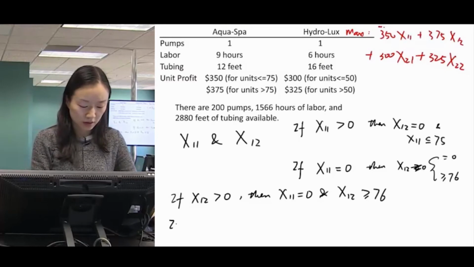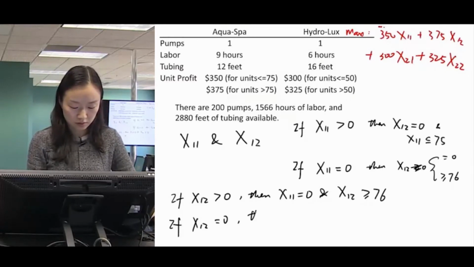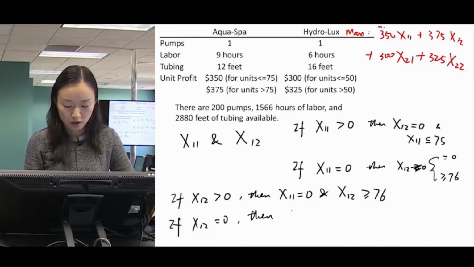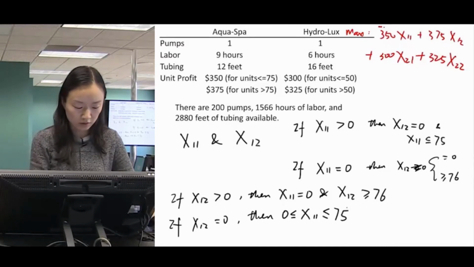And if x12 is 0, then x11 needs to be greater than or equal to 0 and less than or equal to 75. So either of them.